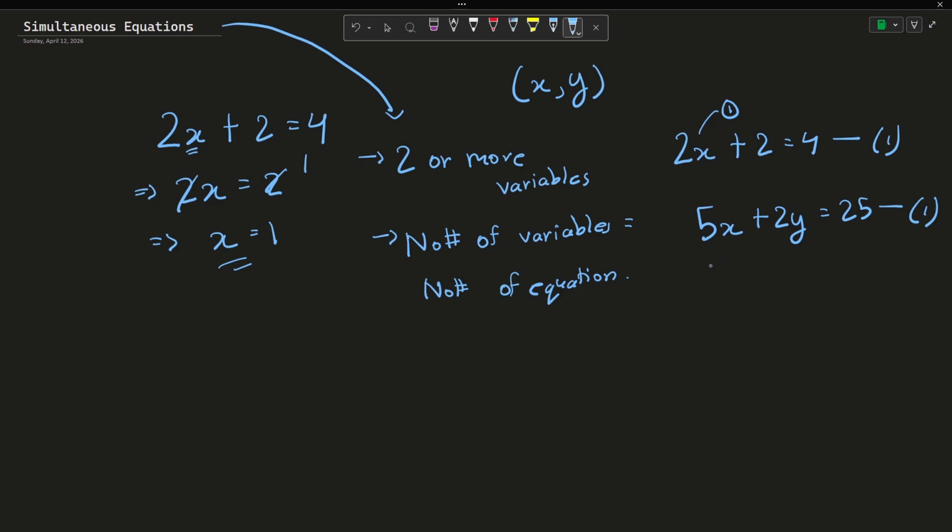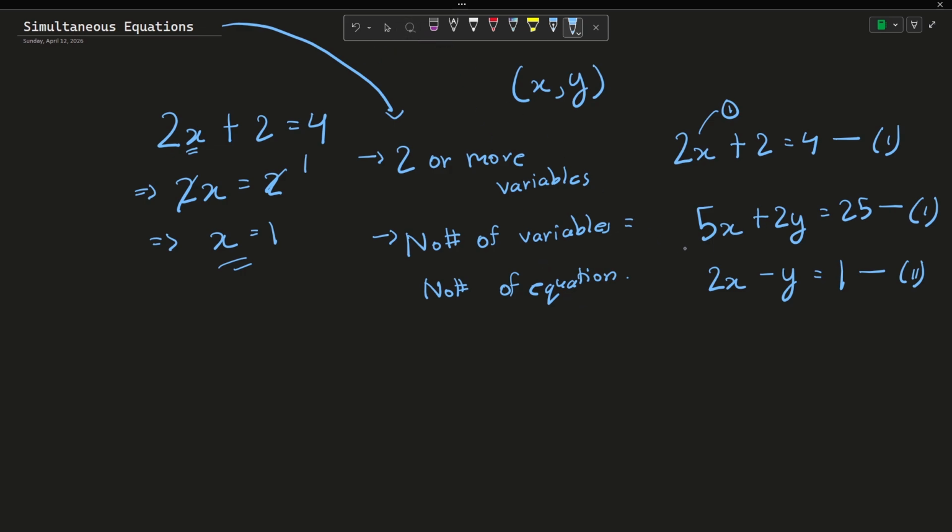We have a set of two equations. Let's say our second equation is 2x - y = 1. Now this is our second equation. Now we can solve for our variables x and y because the number of variables and the number of equations is the same.